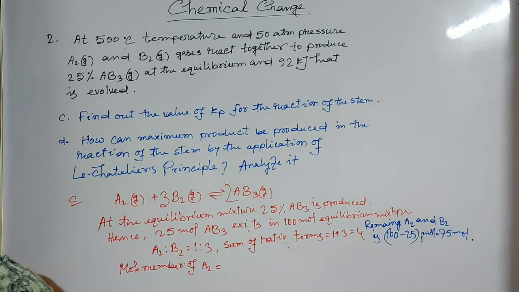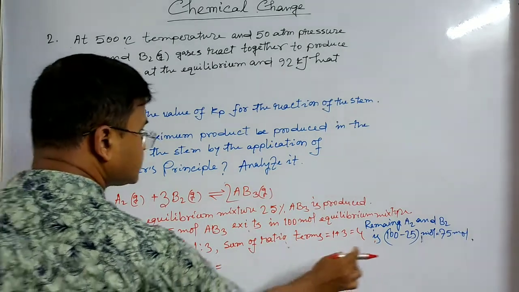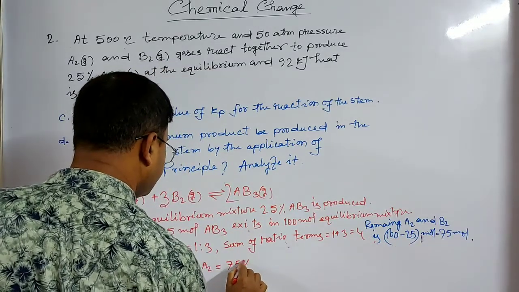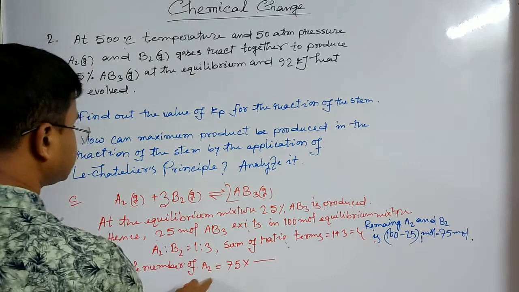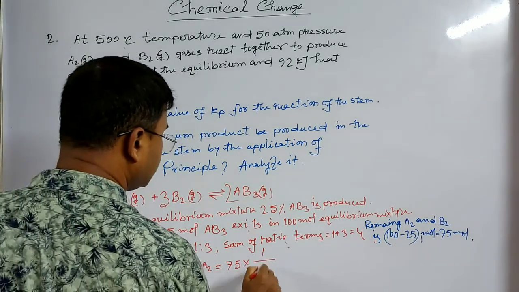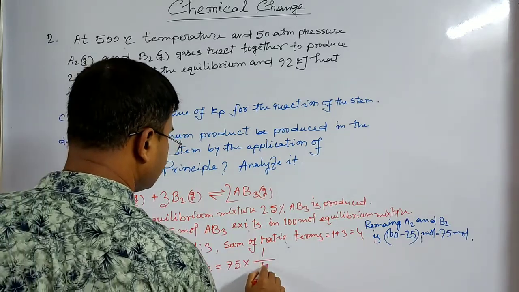So mole number of A2 equals 75 into, as this is A, the ratio term for A is 1 and the sum of ratio terms is 4.